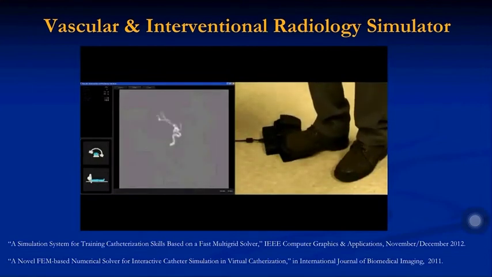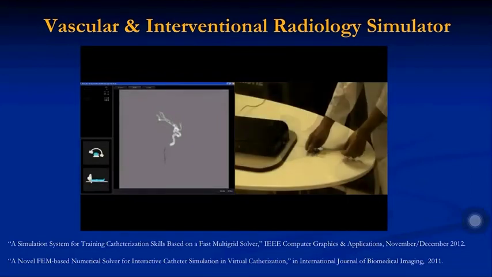We need to simulate all the related components in such a system, for example, the injection of contrast agents to highlight the relevant blood vessels in the navigation path. We can see that this is quite a difficult task. It typically requires long training for a surgeon or radiologist to acquire this kind of skill.